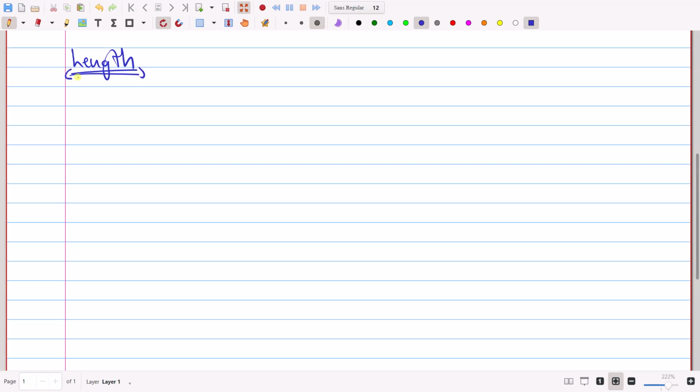What are the relationships between the units of length? When it comes to the units of length, we have the following relationships that one has to know.